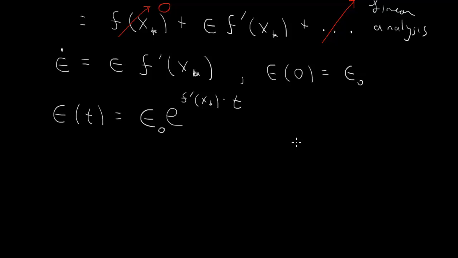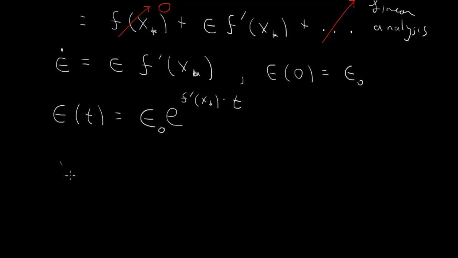Okay? So epsilon is the perturbation to x star. The perturbation will grow if f prime of x star is positive, at which point we say that the fixed point is unstable. The perturbation will decay if f prime of x star is negative, at which point we say the fixed point is stable.